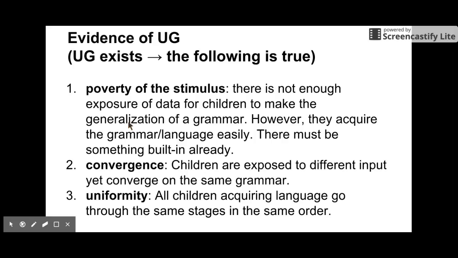So these two children have different inputs. However, they have the same grammar, right?